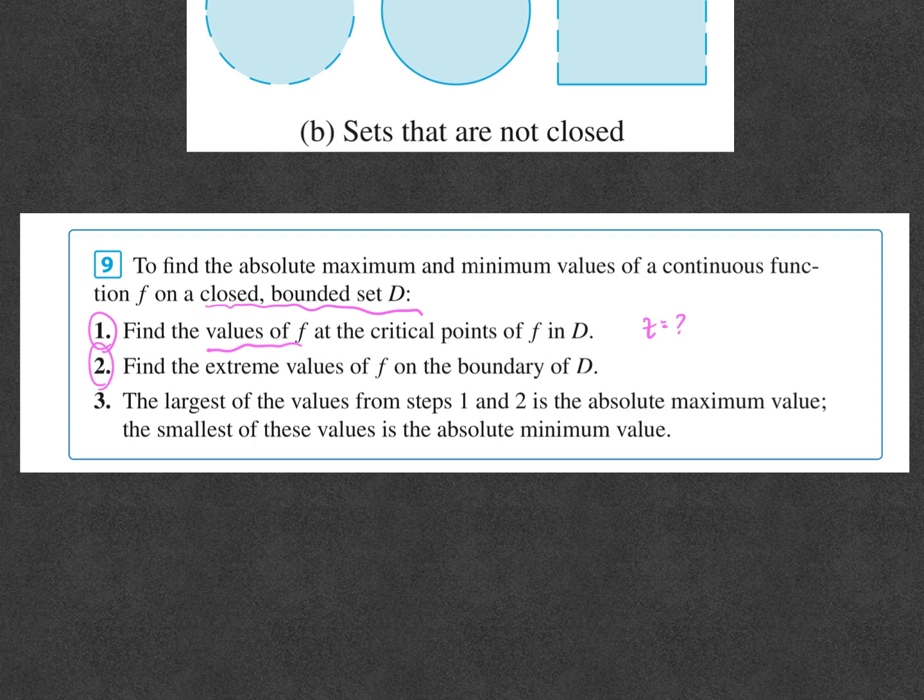Number two, find the extreme values on the boundaries. So find z equals at the endpoints. And then number three, the largest value from these is your absolute maximum, and the smallest is your absolute minimum. That makes sense. Your largest z will be your absolute max, and your smallest z will be your absolute min. So let's look at one of these.